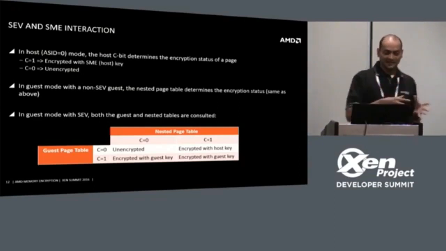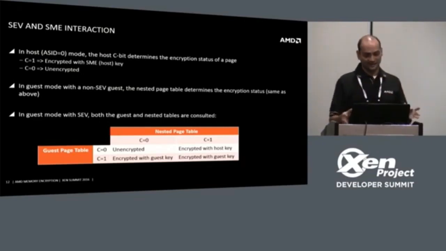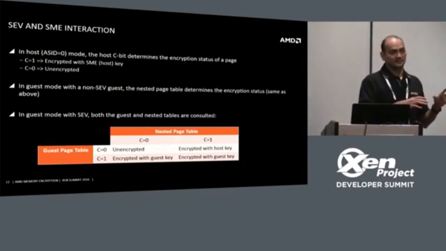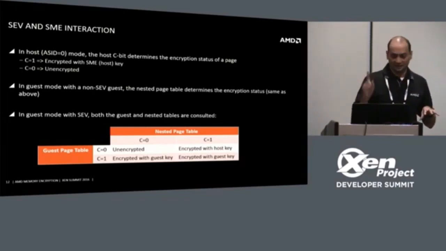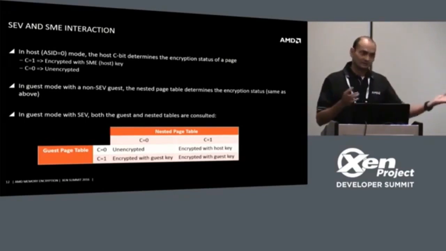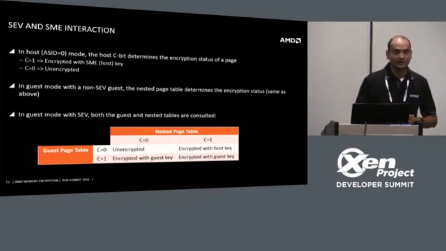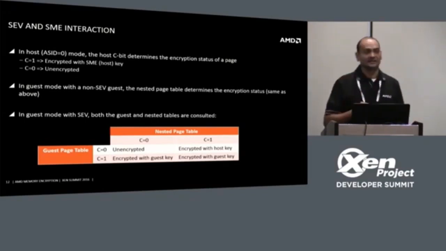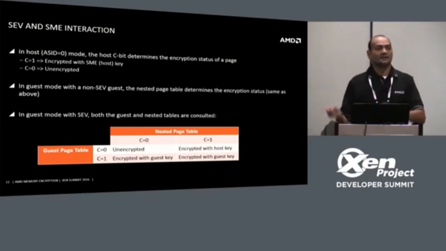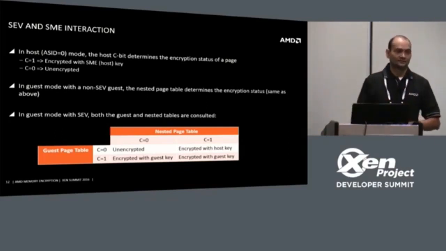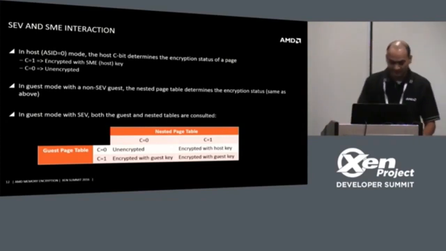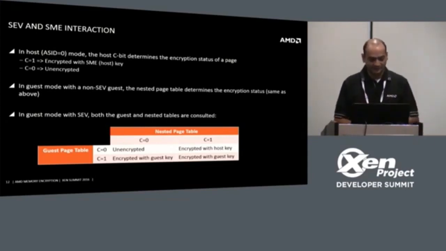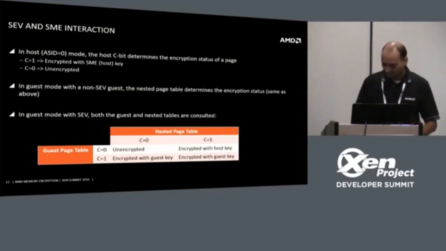In case of a non-SEV guest, the nested page table determines whether the page is encrypted or not, and it will also use the host key, which is key 0. But if it is an SEV guest, then the guest page table determines which key to use. So basically, in case of SEV, the bottom line is the guest tells what he wants to share and what he doesn't want to share.